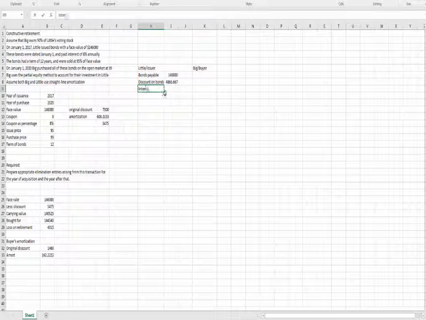Finally, they have interest expense, and again, that's going to be the coupon interest. We have a coupon rate of 8% times the face value, plus or minus the amortization. Amortization of a discount increases your borrowing costs. So their interest expense is $12,288.33.